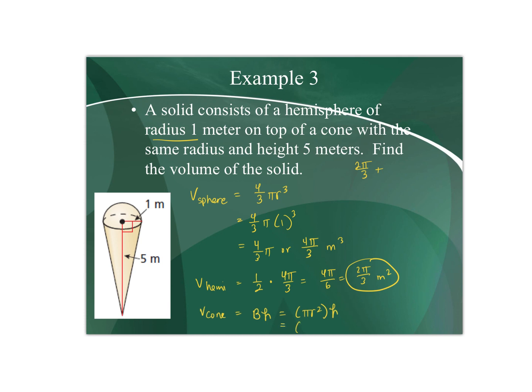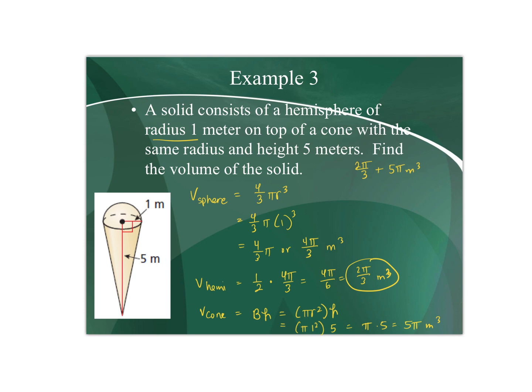Now, the radius is the same radius as the hemisphere, so it's going to be 1 squared, and the height of the cone is 5. So the area of the base is going to be 1 pi, and then times 5. So the volume of the cone is 5 pi meters cubed. So this is plus 5 pi meters cubed.